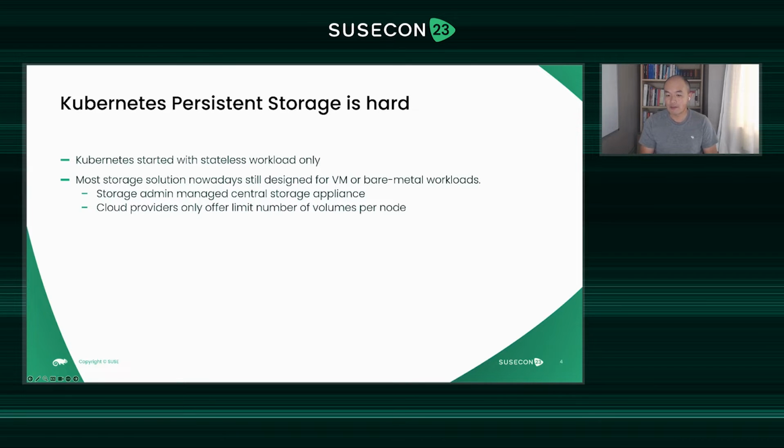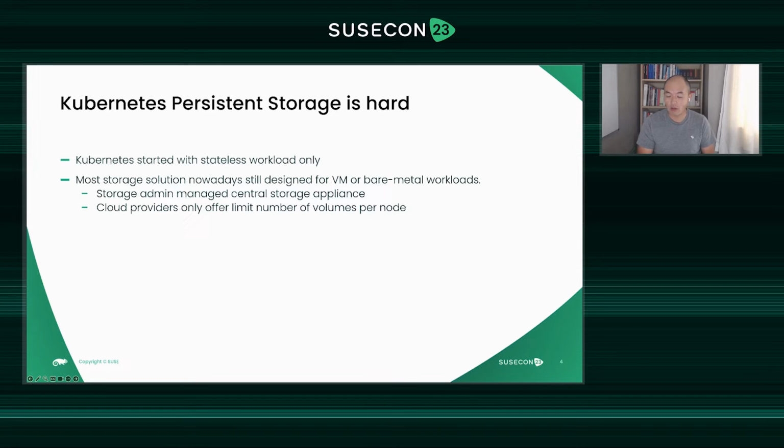And there are cloud providers. If you are running your Kubernetes on AWS, Azure, or Google Cloud, yes, they can provide persistent storage to your Kubernetes cluster, but if you look at the fine print, each node can only have a limited number of volumes. I think the number for AWS is about 30, and for the other vendors it is about 16. That determines how many workloads you can attach to a single node if you are using EBS volumes.